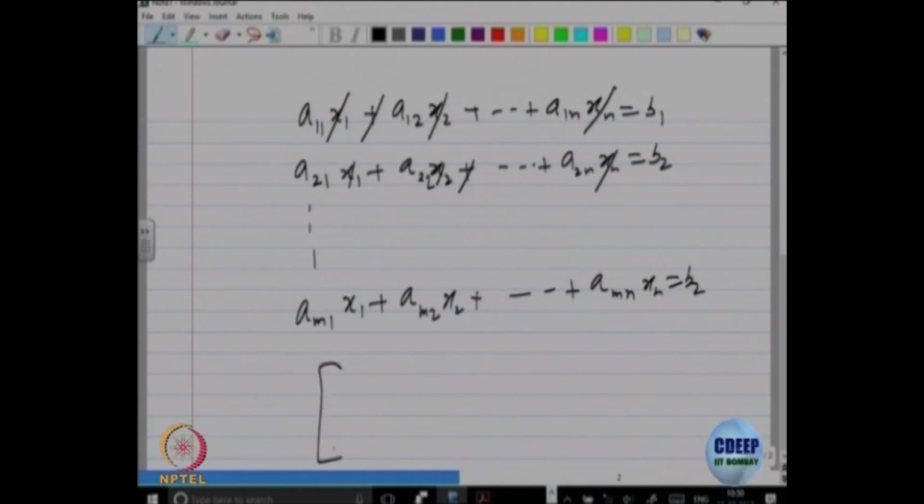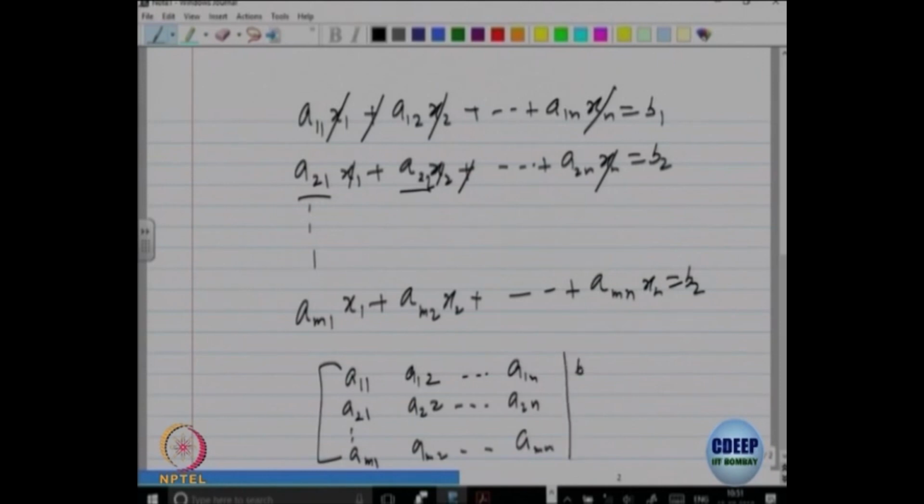I will get a matrix which looks like A11, A12, A1n, second will be A21, A22, A2n, and we will have Am1, Am2, Amn, and on the right hand side we will put B1, B2 and Bn. So, all the data about the system is captured in these numbers, right.